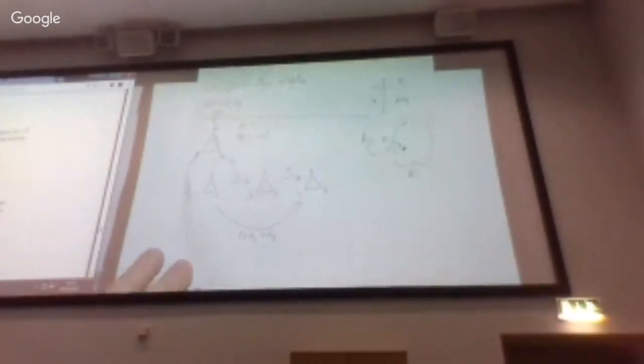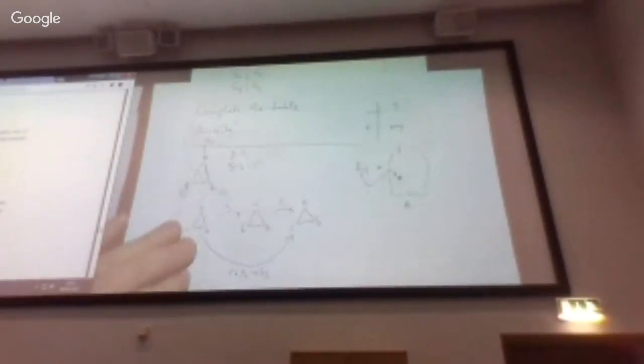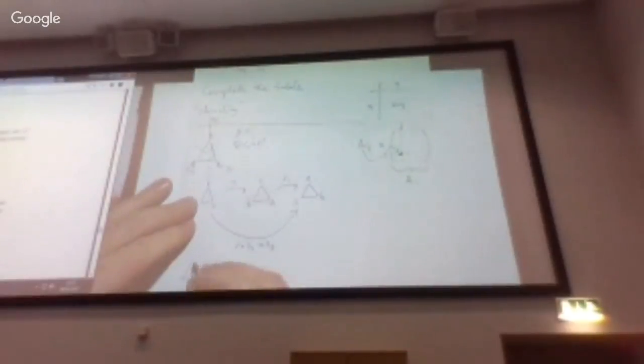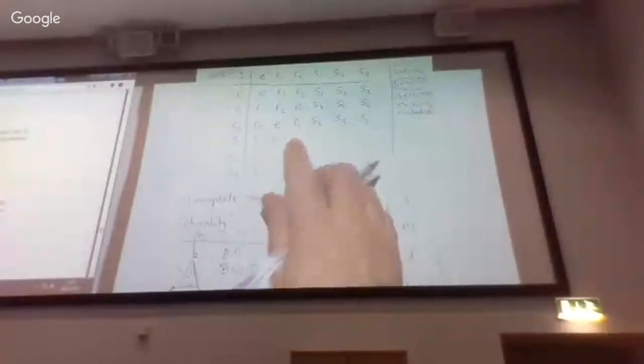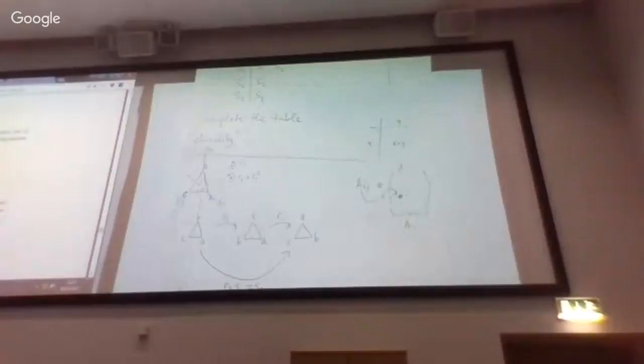So let me demonstrate that one again. S1 after R1. So there's our starting triangle, ABC. Oh, sorry, I'm doing R1 first.